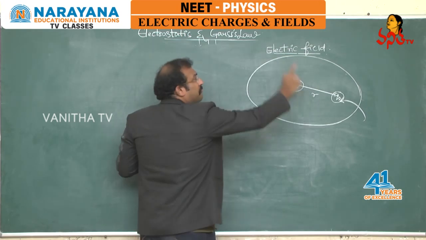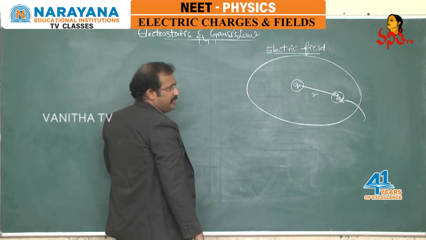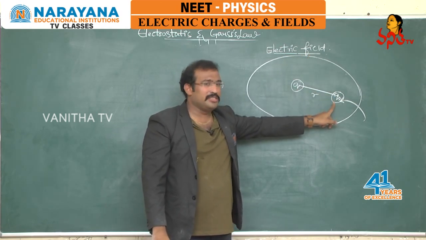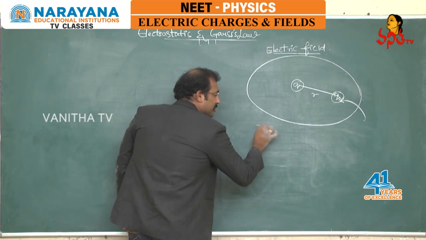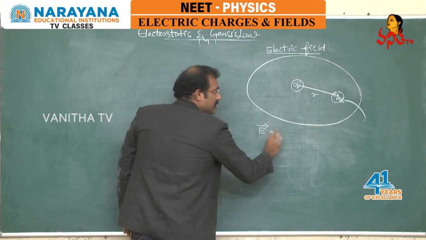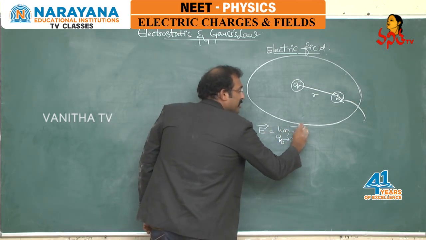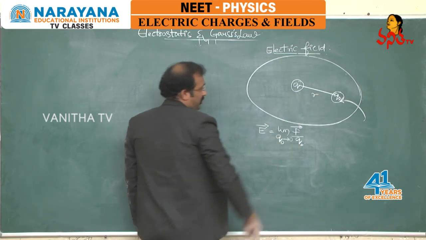The magnitude of the field at any point is known as field strength, which is given by the electric field strength at a point in an electric field, nothing but the force experienced per unit test charge placed at that point.